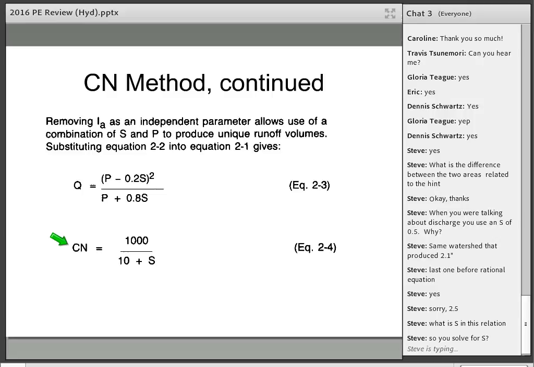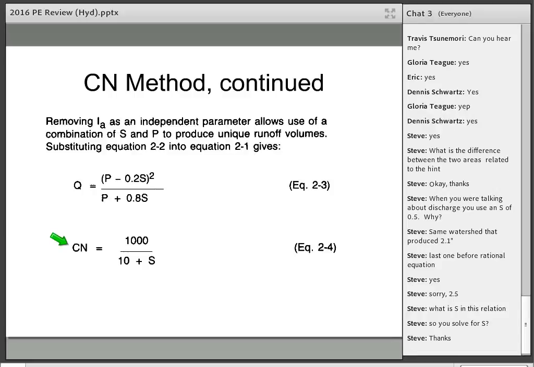That's a good question, because I had to think about that, and that's probably something I should add to that slide: that back calculation, so you can see where it comes from. Because S is kind of a trade-off between the two. S is an assumed parameter that is dictated by the curve number, but yet the original equation has S in it as a conceptual parameter. But that's where it came from. I was worried for a second that I'd messed that up.